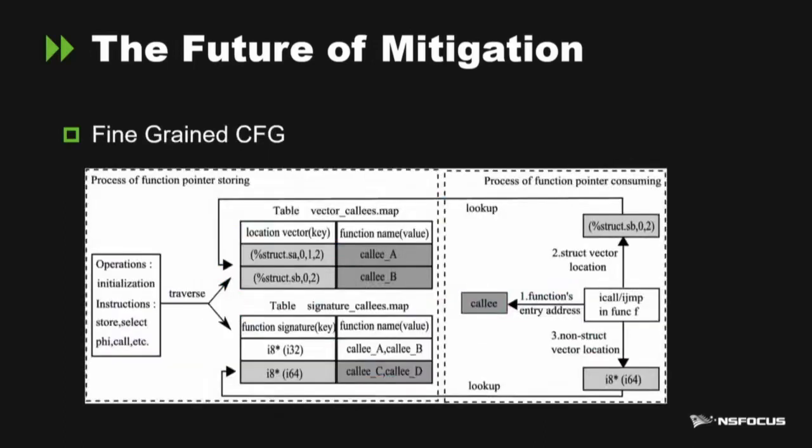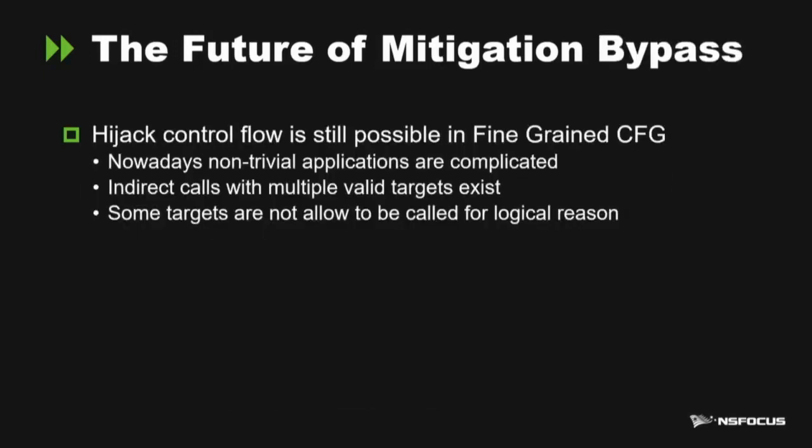And the other thing is there will be fine-grained CFG. Many problems of the current CFG implementation are just because it is only coarse-grained CFI. So when there is fine-grained CFG, many current bypass techniques cannot be used.